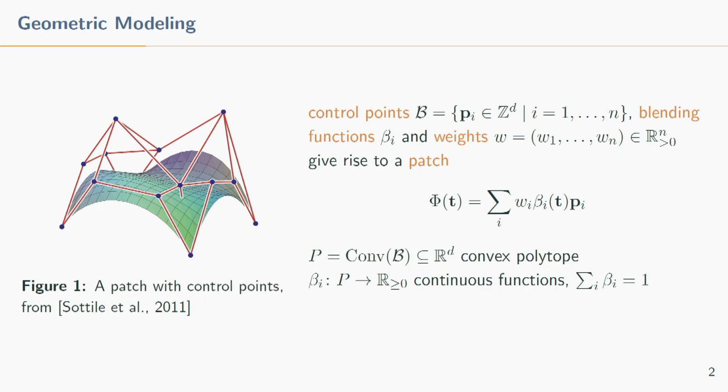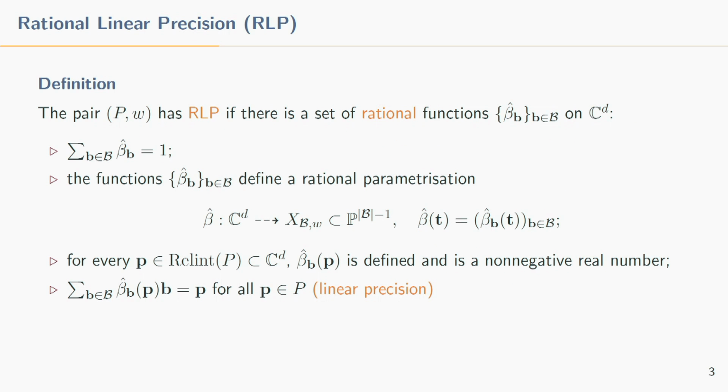Okay, and a very nice property that a polytope with some weights can satisfy is the property of rational linear precision. This means that you can find blending functions that are particularly nice. First of all, these are rational functions, so a polynomial divided by another polynomial. They have to be somehow normalized. And they define a rational parameterization of some object that I will define later. They are defined on the interior of the polytope.